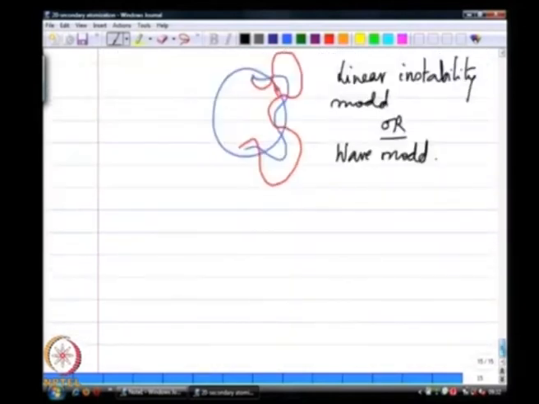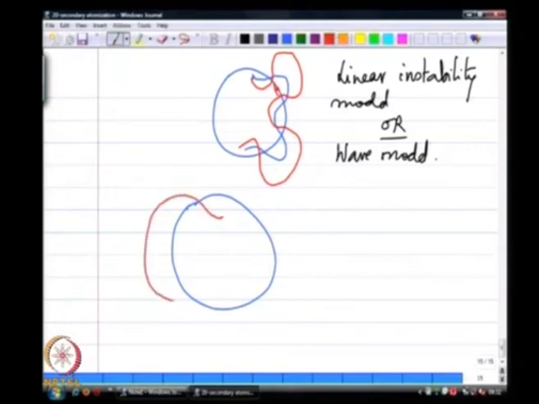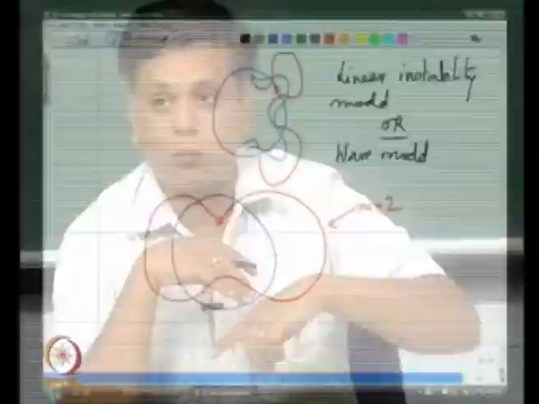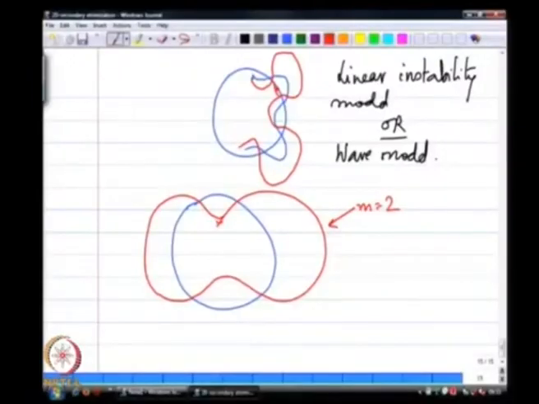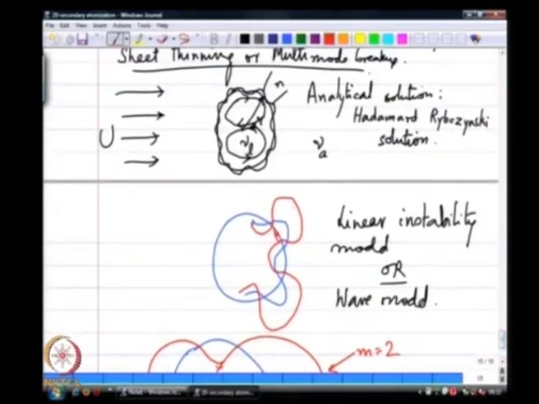So, if I take this drop which is initially spherical, the red line that I have drawn corresponds to m equal to 2, that is, if we go back to our linearized instability, it corresponds to the case where there are two lobes that are formed, and the higher the value of m, the smaller is this length scale d.